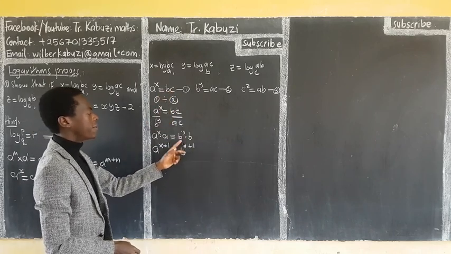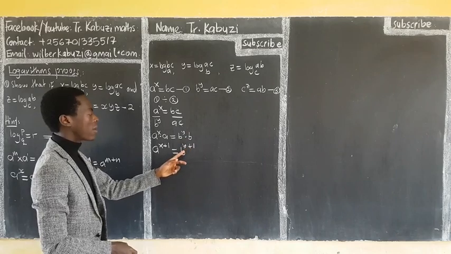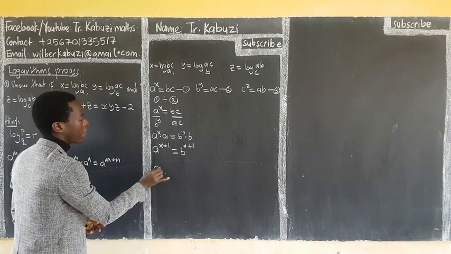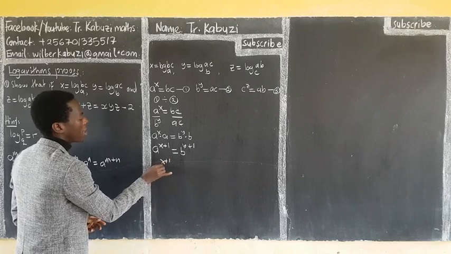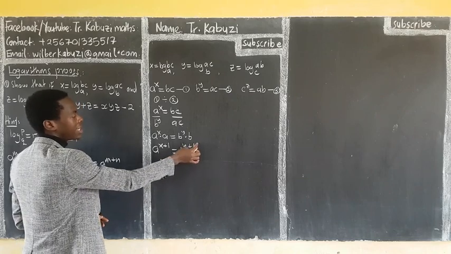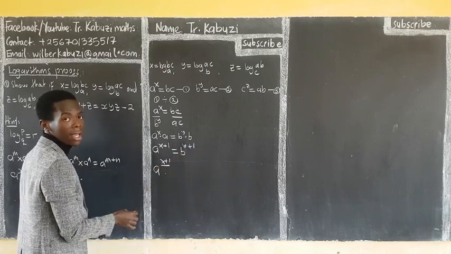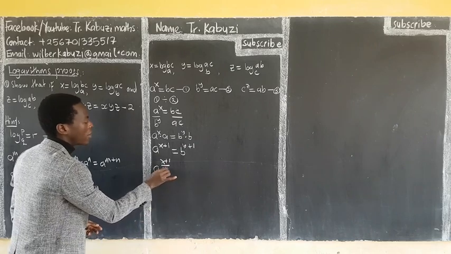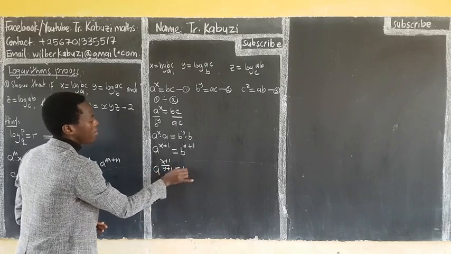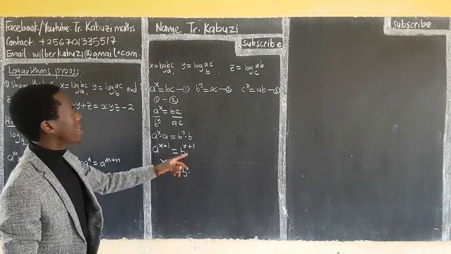So how do I remove this power? By raising both sides to the reciprocal power. If I raise both sides to 1 over y plus 1, both sides will be equal to b.